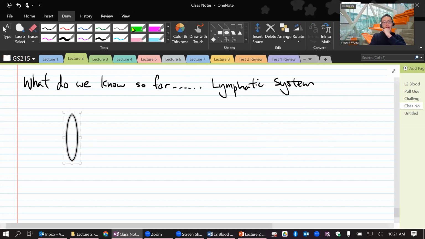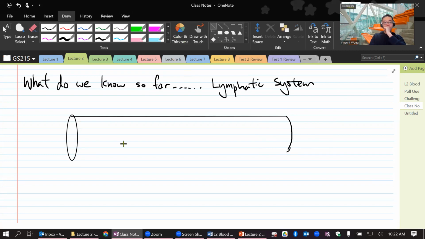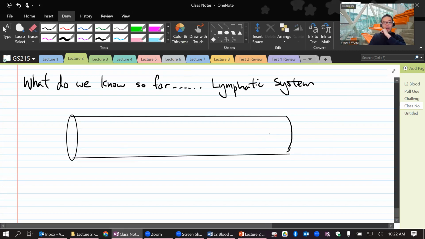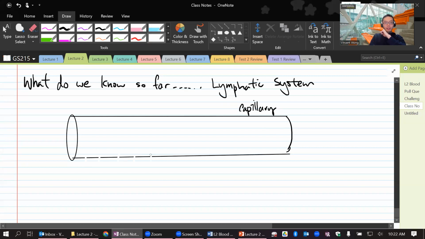So what do we know so far? Let's do a quick recap of all the information that we have. Here is our capillary. And by now, we all know capillaries are leaky. So, let's punch some pores in it.